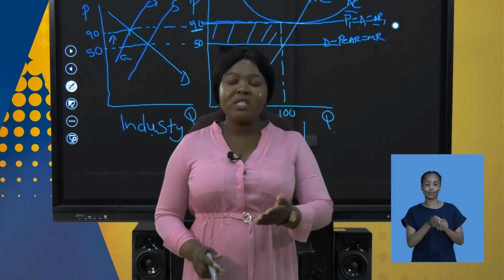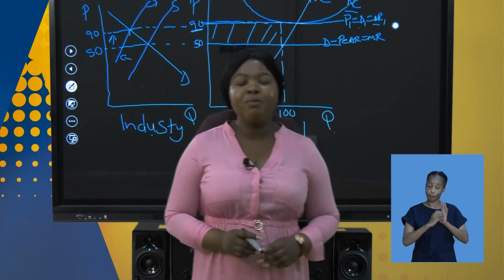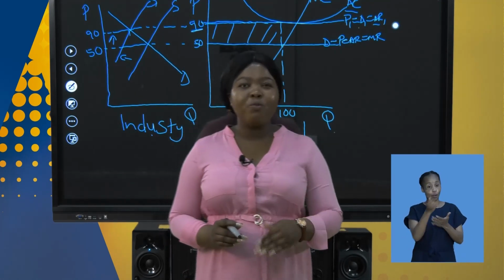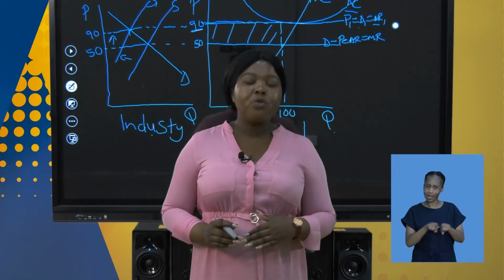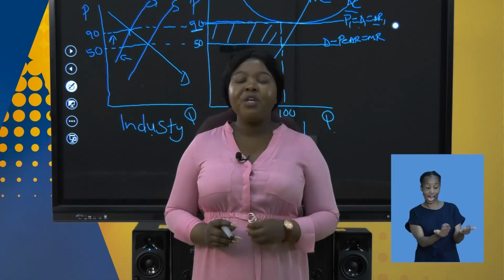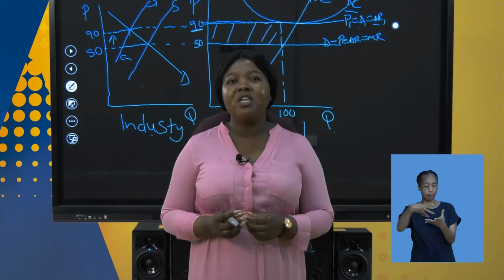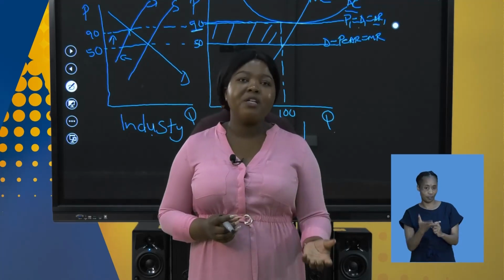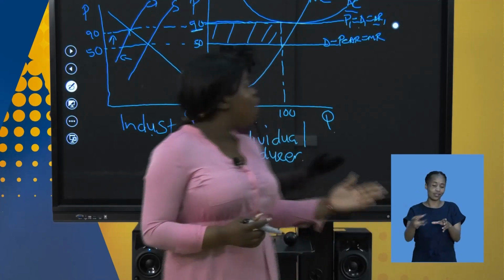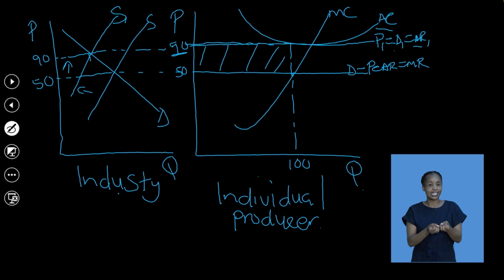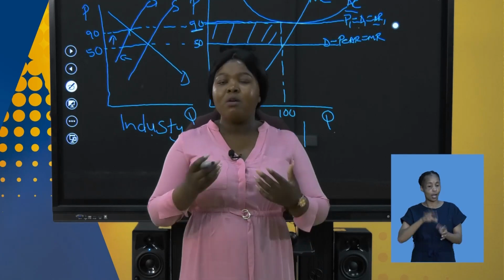Boys and girls, the opposite is also true. If, for example, we had started by experiencing economic profits, the same was going to happen. Economic profits were going to attract new entrants into the industry, because there are no barriers to entry and exit. As more and more of them enter the market, our supply is going to shift from S probably to S2, until eventually this perfect competitor is experiencing normal profit.